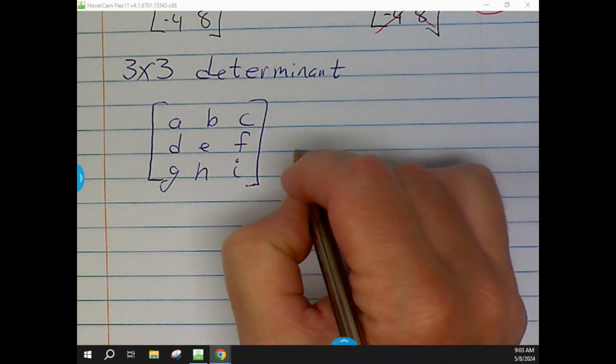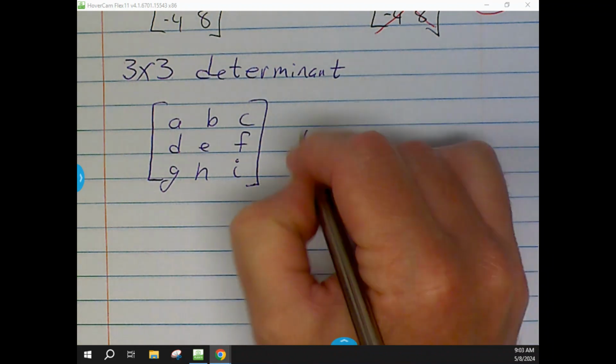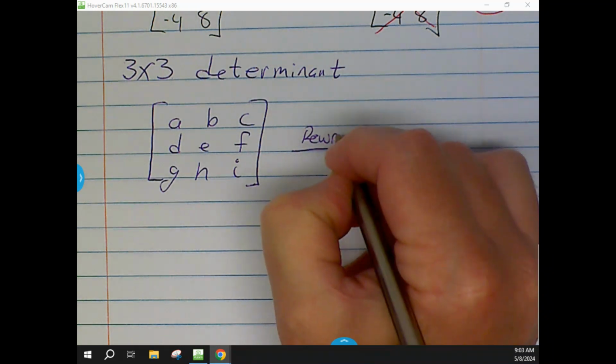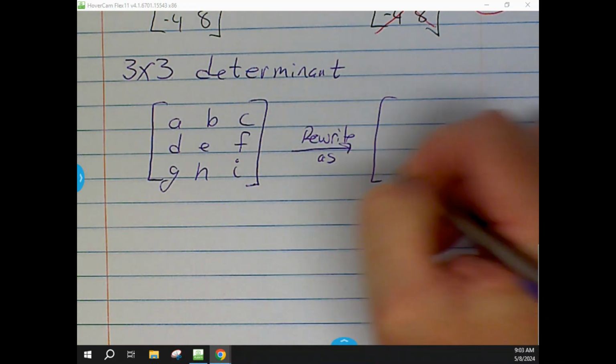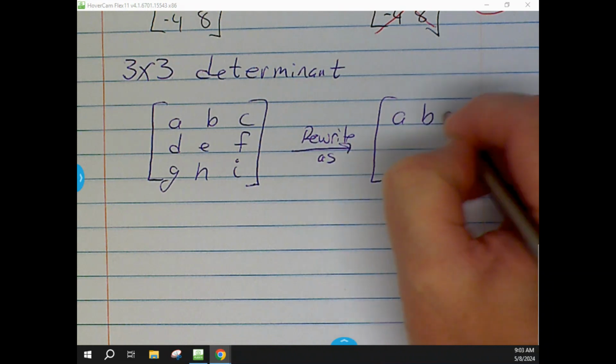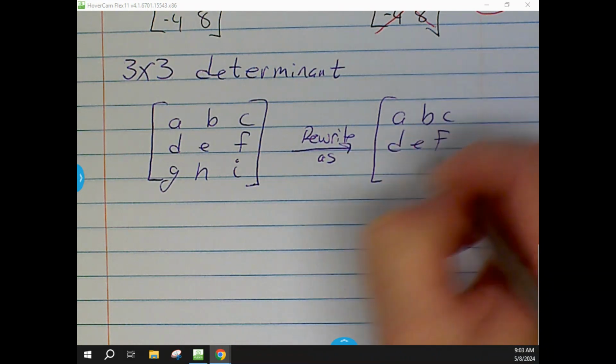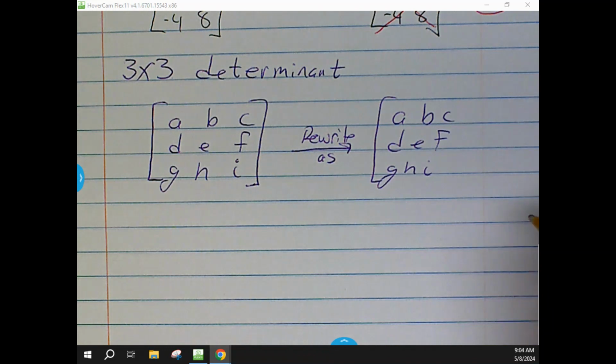Okay, so if you have a 3 by 3 matrix, here's what you have to do. You have to rewrite this. Go ahead and take the original matrix, the ABC, the DEF, and the GHI.